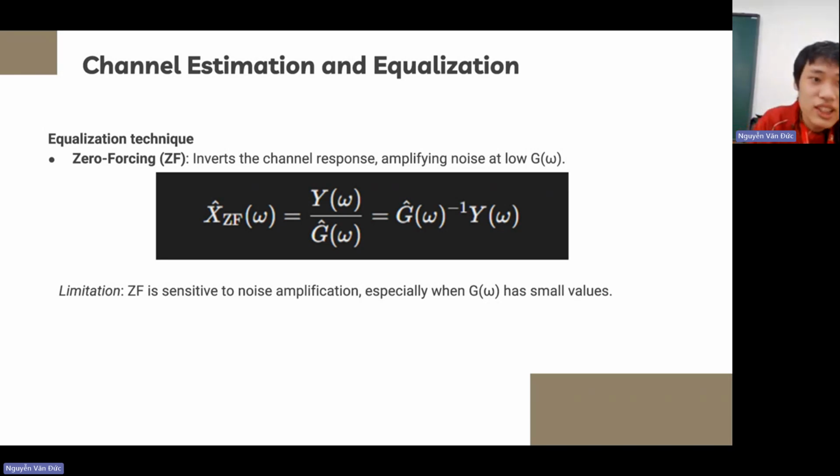Next is the equalization technique MMSE, by minimizing error while considering both the channel response and the noise variance. The description is below.